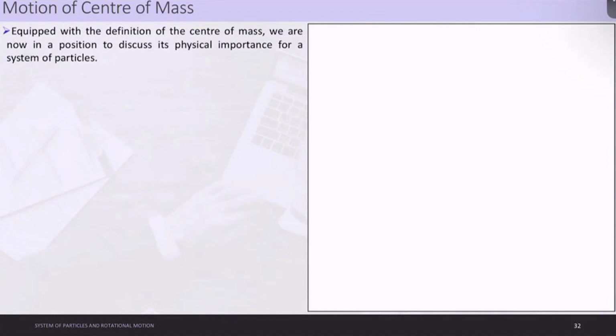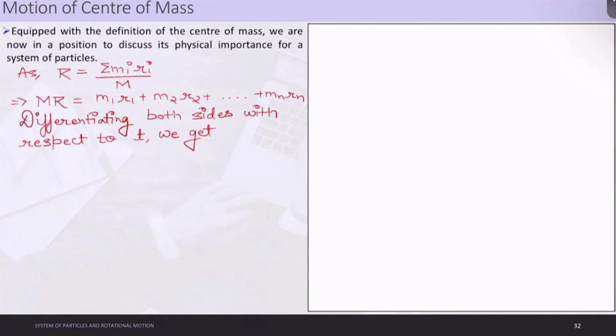As we know, capital R is equal to summation mi ri upon capital M. This can also be written as M capital R equal to M1 R1 plus M2 R2 plus dot dot till Mn Rn. There is no issue in writing this. Now let us differentiate both sides of the equation with respect to t.